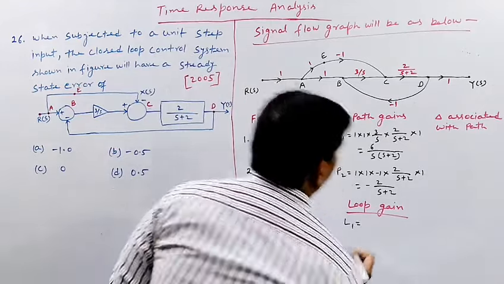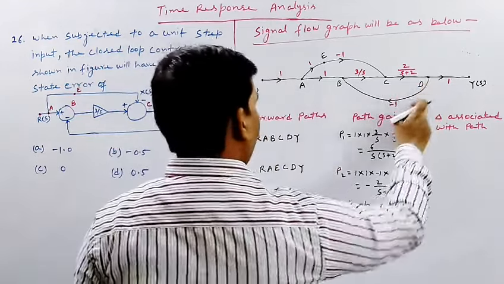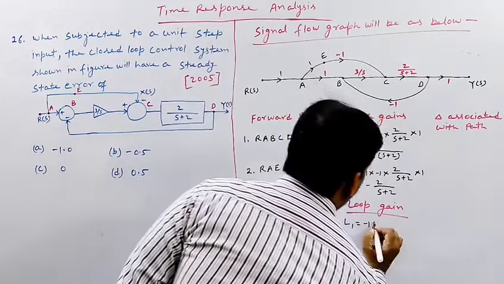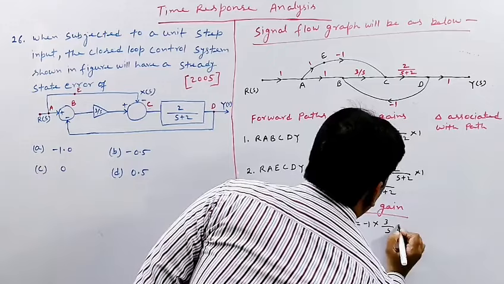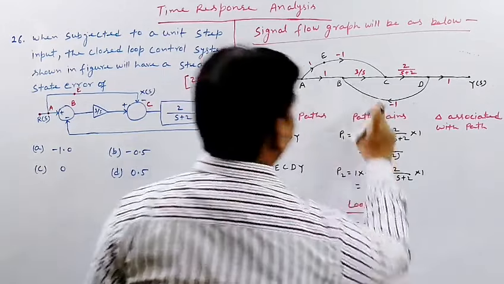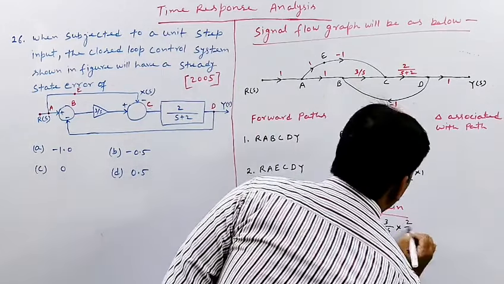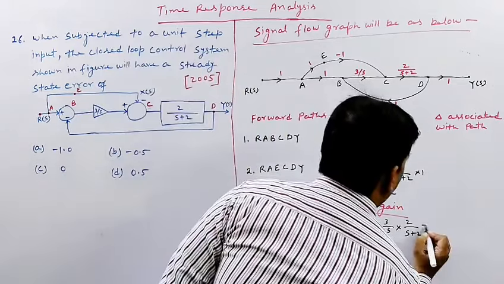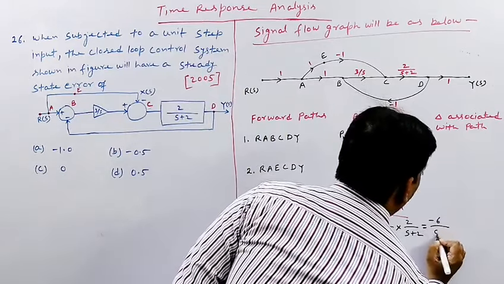So how much will L1 be? It is minus 1 multiplied by 3 by S, multiplied by 2 by S plus 2. So it will be minus 6 by S plus 2.